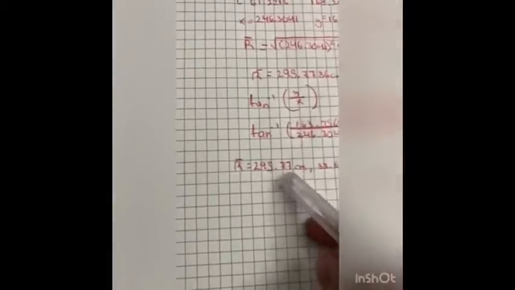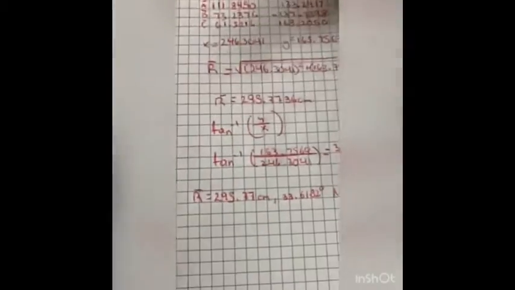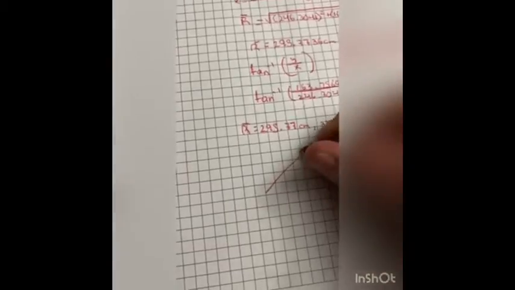So our final answer is 295.77 centimeters, 33.61 degrees northeast, because x and y are positive, so they go this way.